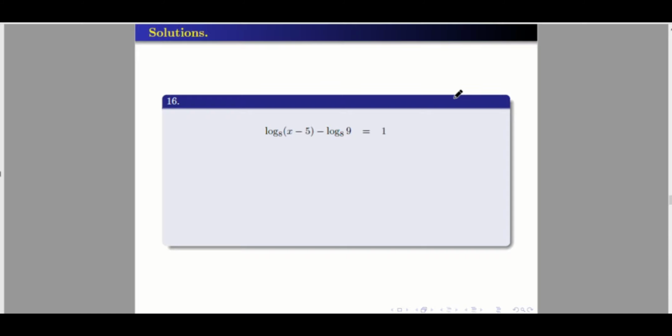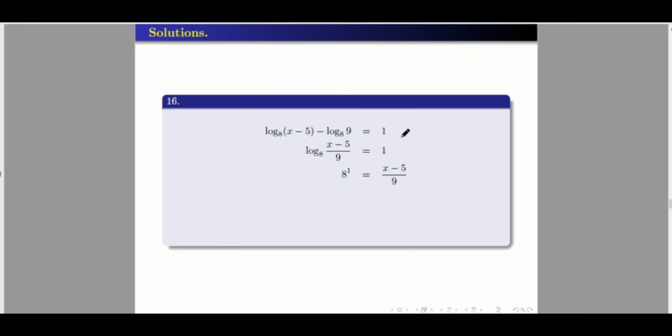16, we have this. So again, you may try the division property of logarithm or transpose. Since there is 1 here, we may try. So this is equal to log of x minus 5 over 9 base 8 equals 1. And then we can apply the exponential form: 8 raised to 1 equals this expression.